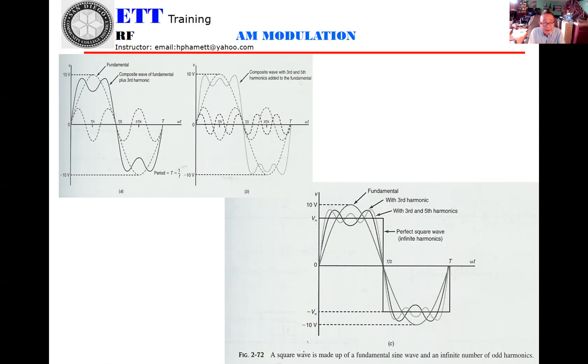That's the general definition for bandwidth. Now, what is the bandwidth for a 1 kilohertz sine wave? 1 kilohertz? Isn't it 1 kilohertz?